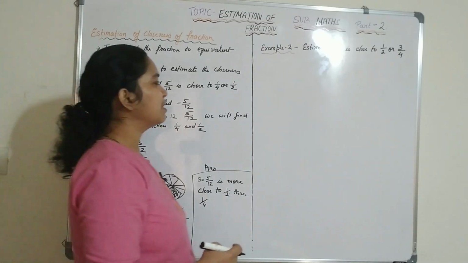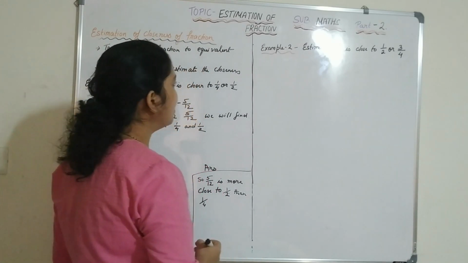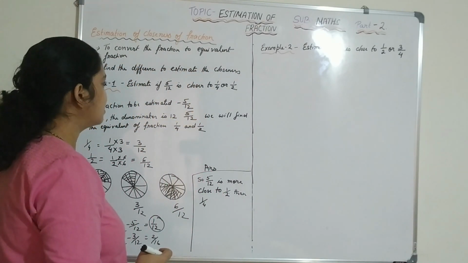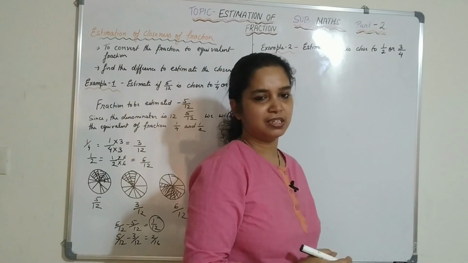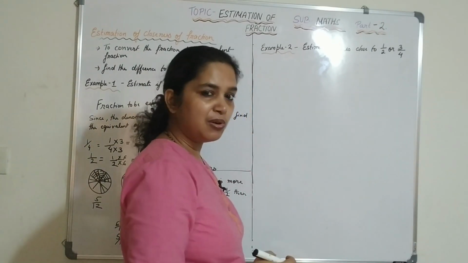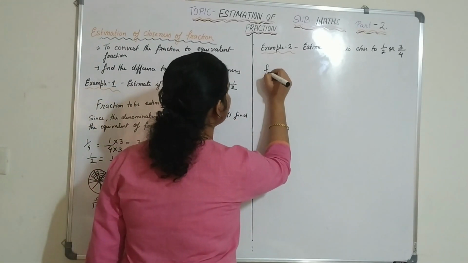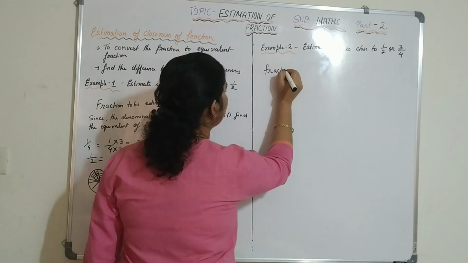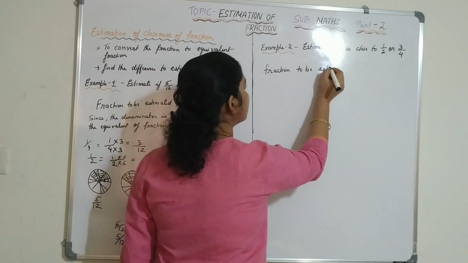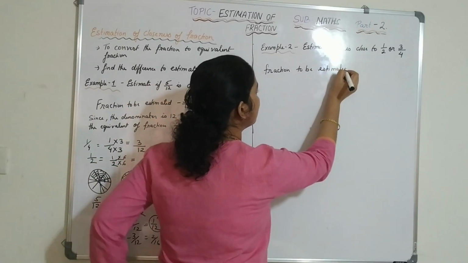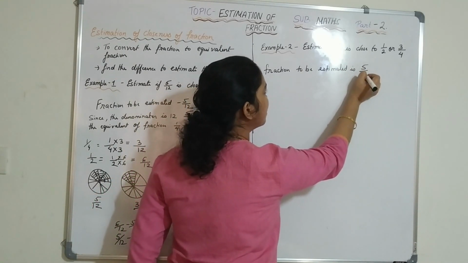We have one more example. Is 5 by 8 close to 1 by 2 or 3 by 4? They ask which fraction the number 5 by 8 is closer to, 1 by 2 or 3 by 4. The fraction to be estimated is 5 by 8.